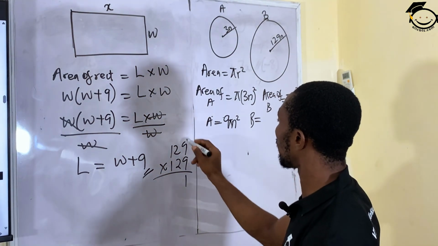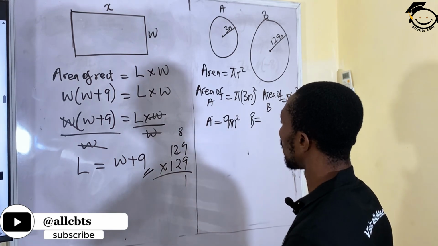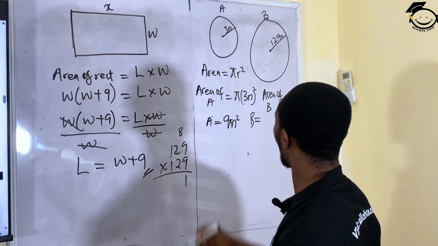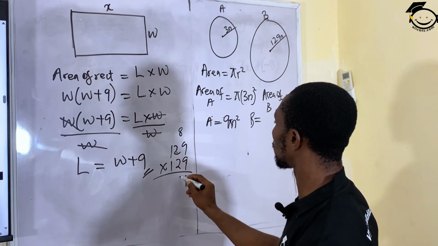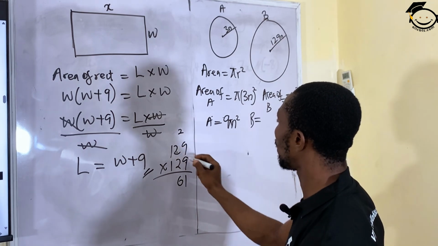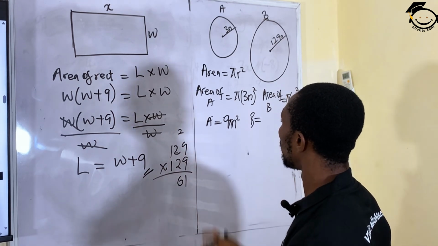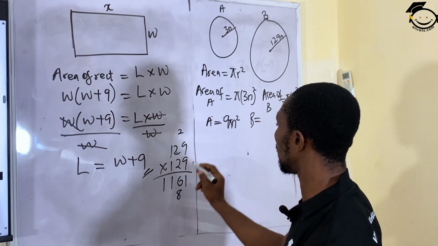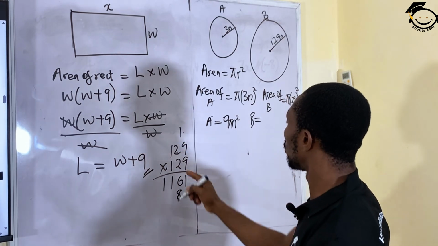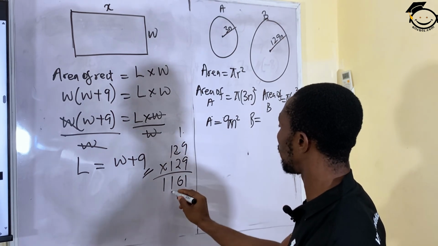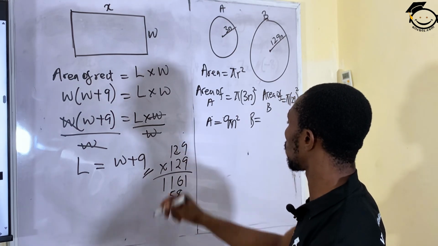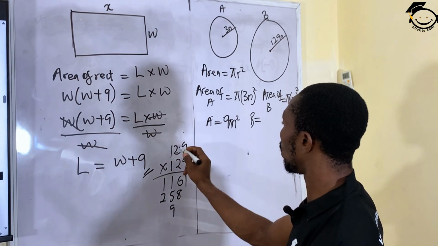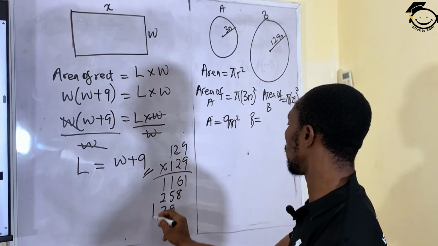Write down 1, carry 8. 9 times 2, 18. 18 plus 8 will give us 26. Write down 6, carry 2. 9 times 1, 9 plus 2 will give us 11. Now 2 times 9 will give us 18. Carry 1. 2 times 2 will give us 4 plus 1, 5. Now 2 times 1 will give us 2. 1 times 9 will give us 9. 1 times 2 will give us 2. And 1 times 1 will give us 1.